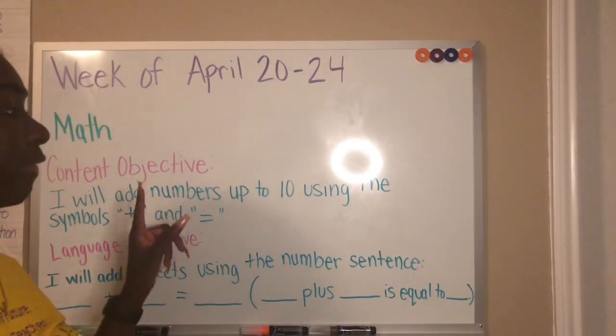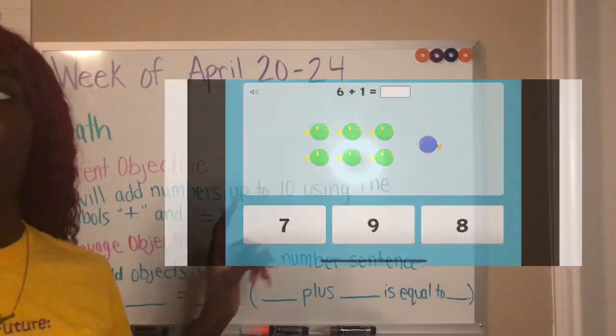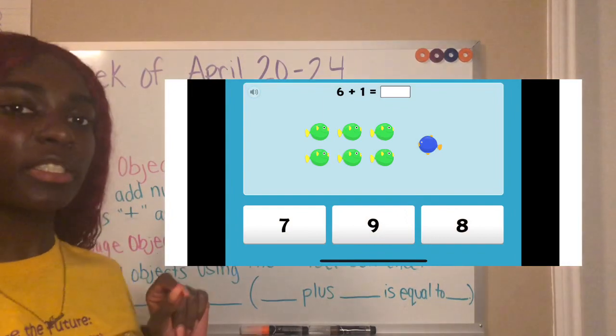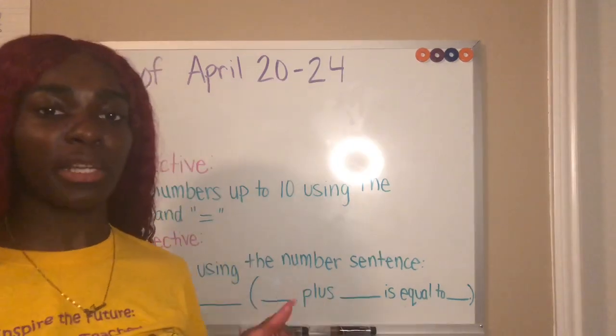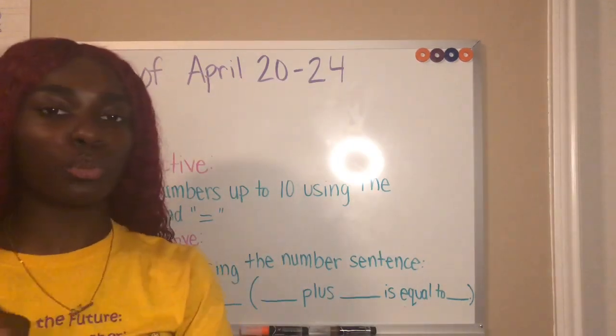Now we should have 6 fish and 1 fish that's a different color. So that would give us the problem of 6 plus 1 is equal to blank.